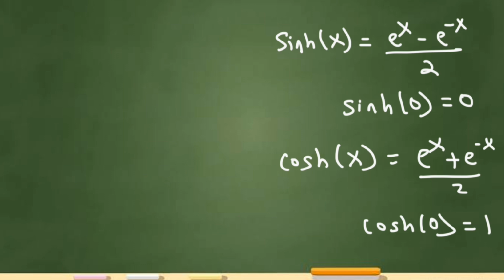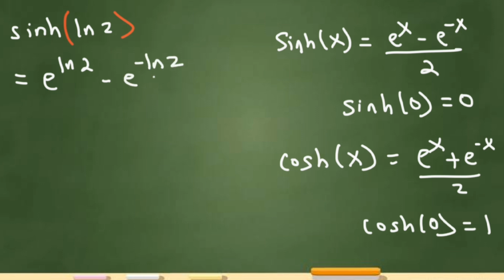Let's try this one. What is the value of hyperbolic sine of ln 2? Go ahead and work on that problem. This is going to be e to ln 2 minus e to negative ln 2, over 2.